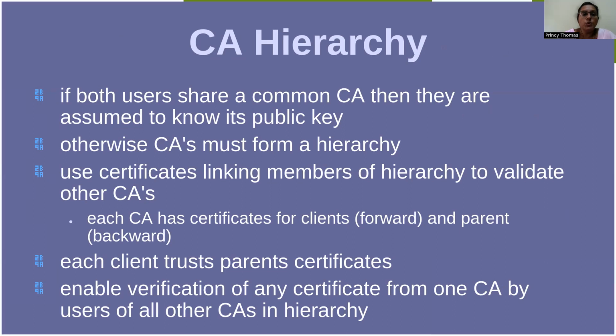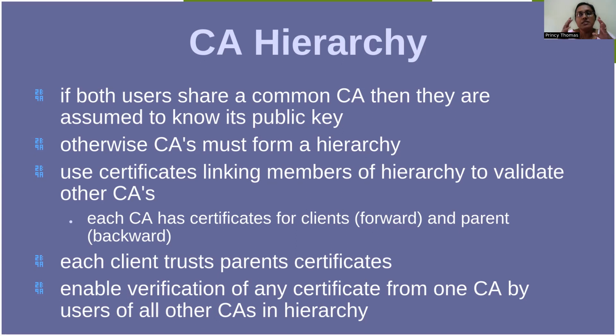If two users share a common certificate authority, then they are assumed to know the certificate authority's public key. Otherwise, the certificate authority must have a hierarchy. The user certificates link members of the hierarchy to validate other CAs.